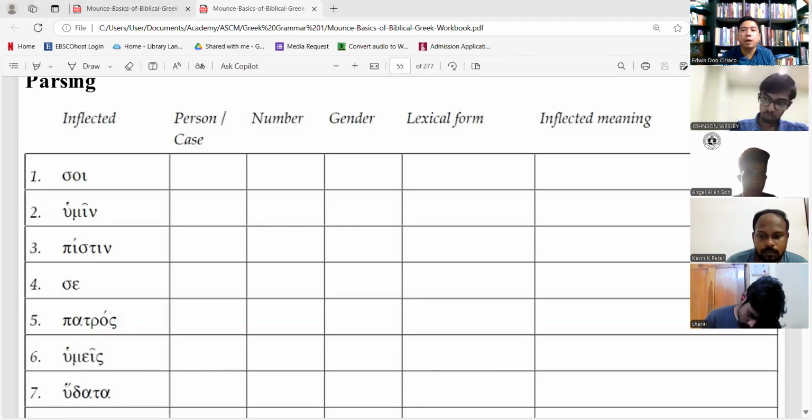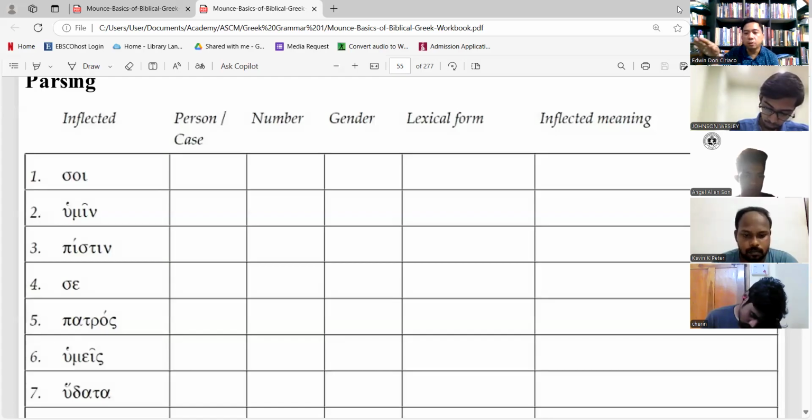The number is plural, and then gender is, we call it masculine or common masculine, because sometimes the word to you includes also the women, okay? The one being addressed. Sometimes the women are also there. And then lexical form is su.